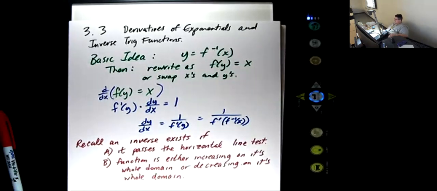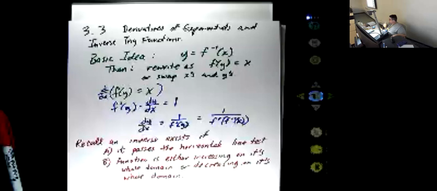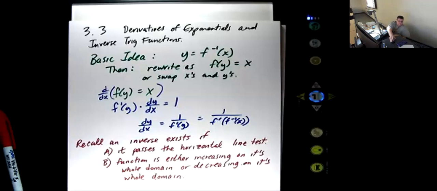Exponential functions fall in that category. They also pass the horizontal line test, but this isn't the most exciting thing. It's a little easier to see putting this into effect.